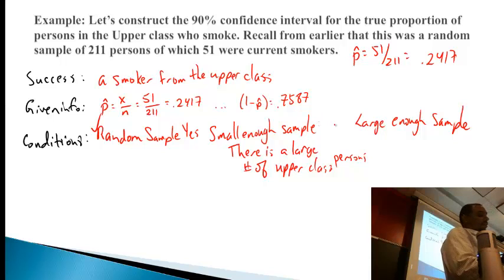And then here's a condition that's probably more prevalent for us here. Is our sample large enough? That's where we have to have that 15 that Mr. Decker talked about. So we need at least 15 successes, and we need at least 15 failures, which is people who aren't successes, or non-successes.